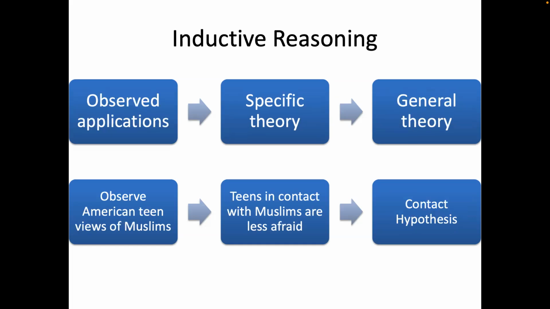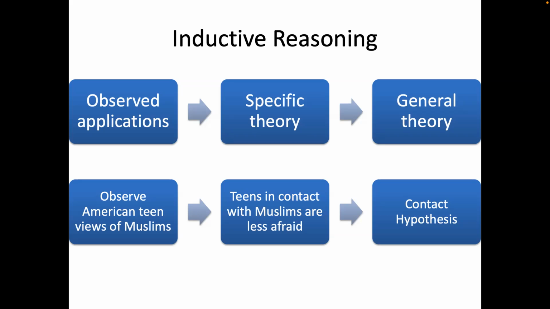Inductive reasoning is the opposite approach. It is observing the idea that, wow, I'm hearing here and there, I'm seeing on Facebook, or these days it'd be TikTok or WhatsApp or Instagram or whatever, American teenagers' views of Muslims as they're expressed and spread on social media.